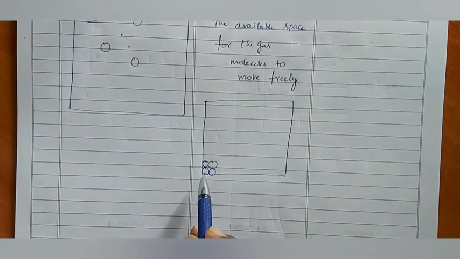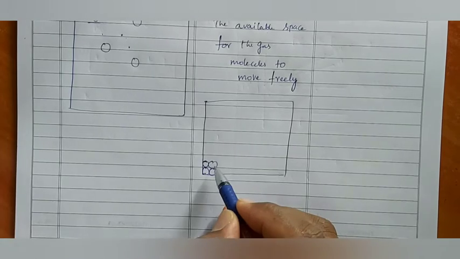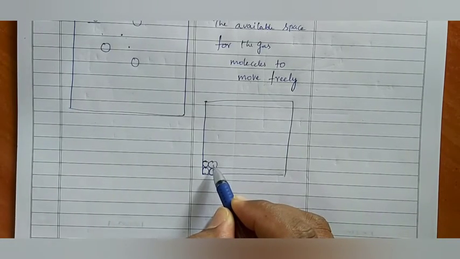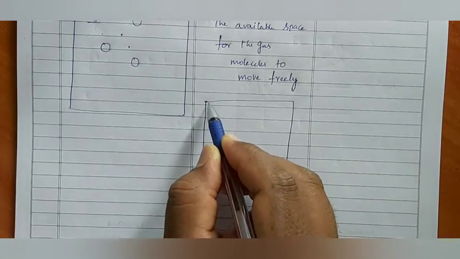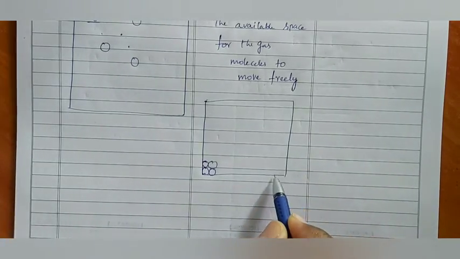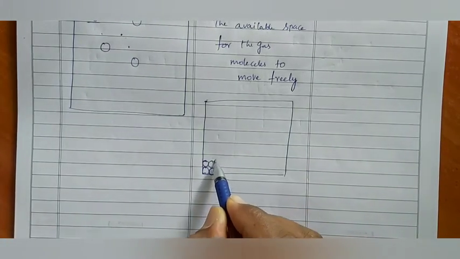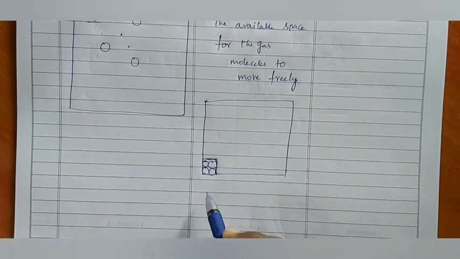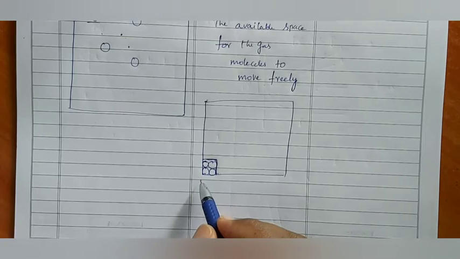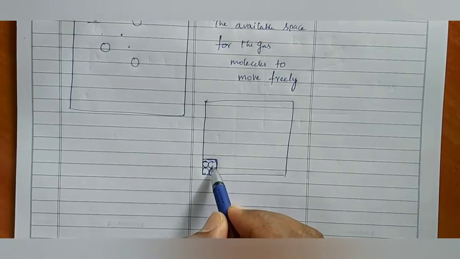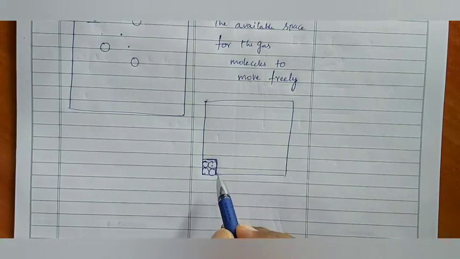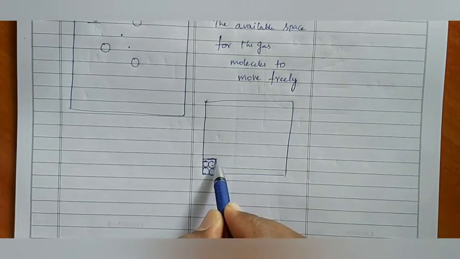Then this molecule can move freely in the total volume except this volume, because in that volume gas molecules are already there.